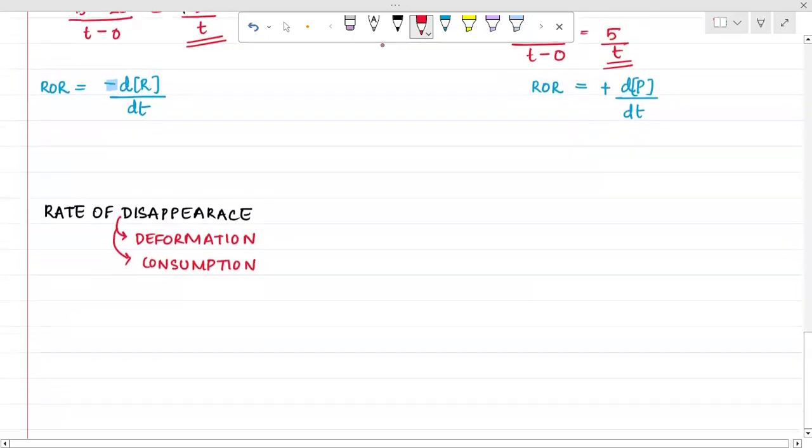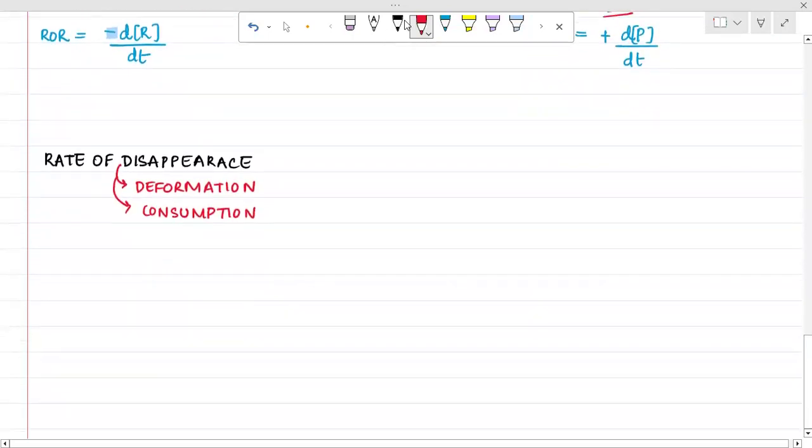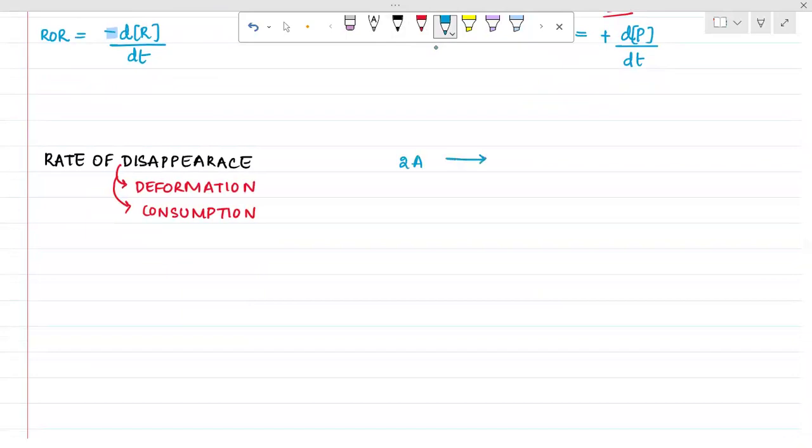For example, let's say that I take a typical reaction, 2A giving 2B plus C. So on the reactant side, you have 2A, and on the product side, you have 2B and C. Now, whatever is written over here, these numbers, these are called stoichiometric coefficients.